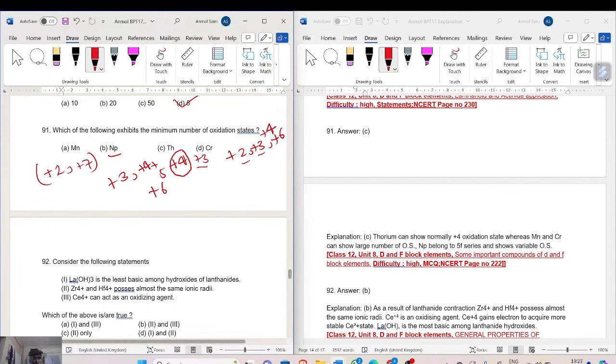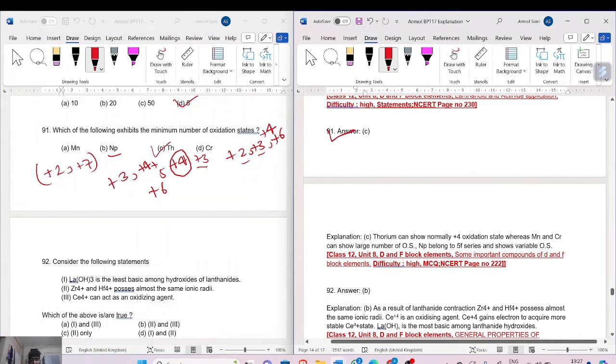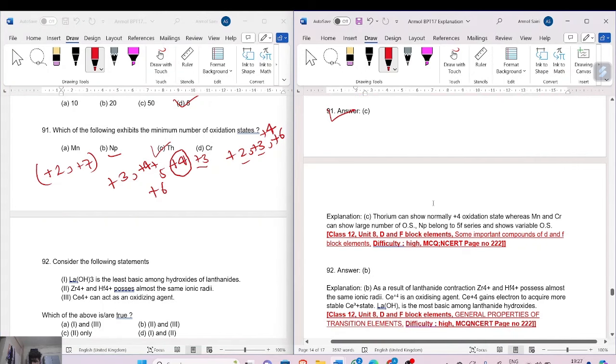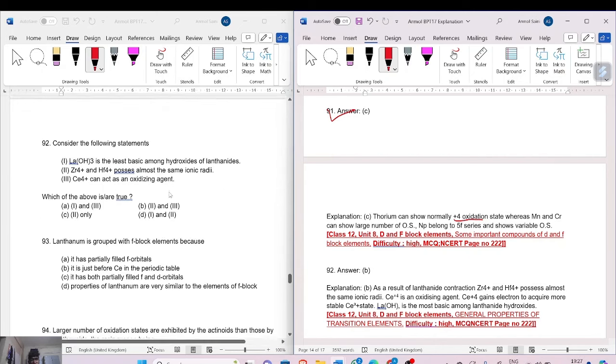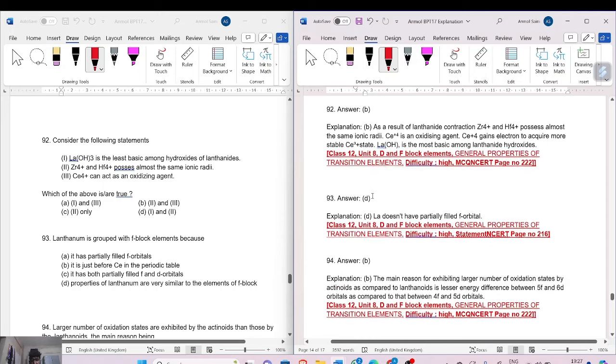So the correct answer for the minimum number of oxidation state will be thorium, which is option C. It normally has oxidation state of +4, but it can show +3, which is not very stable. So that's why thorium has minimum number of oxidation state. Now let's come to question number 92.